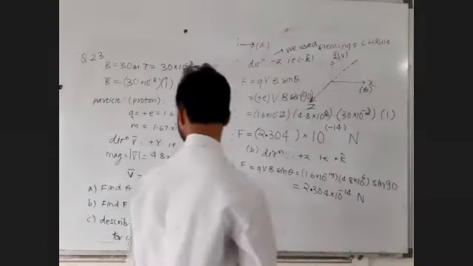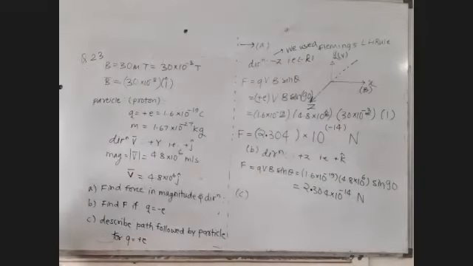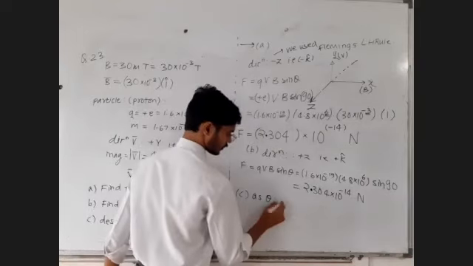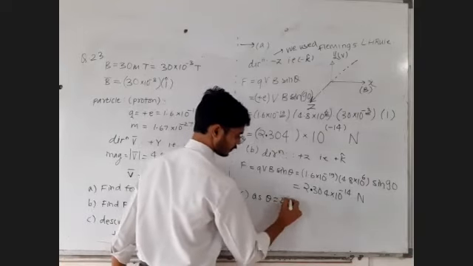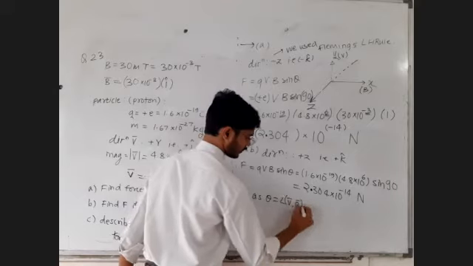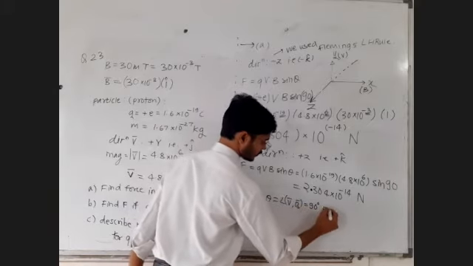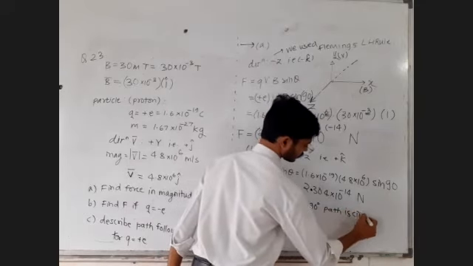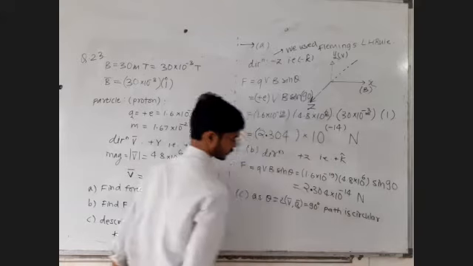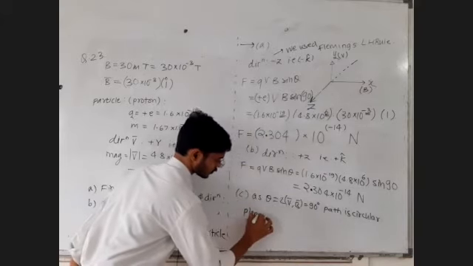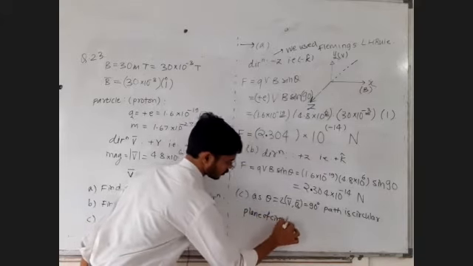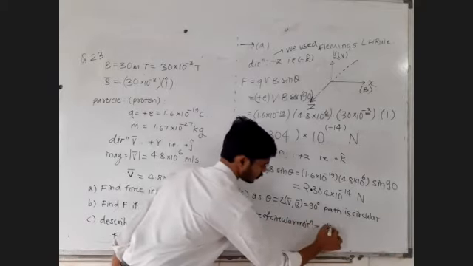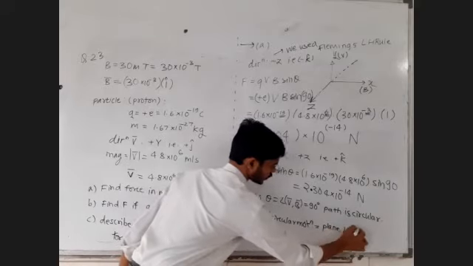So write down: describe the path followed by the particle. The angle theta, the angle between velocity and magnetic field, is equal to 90 degrees. The path is circular. The plane of circular motion is equal to the plane perpendicular to the magnetic field.